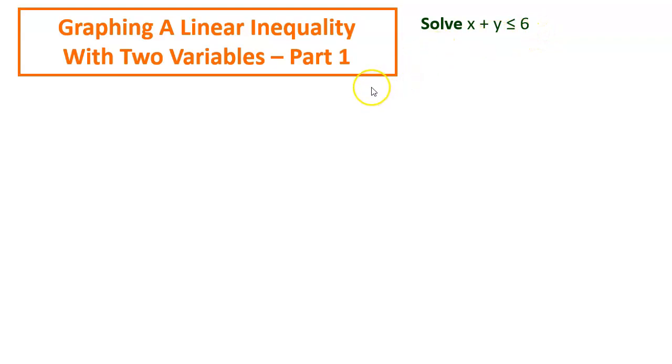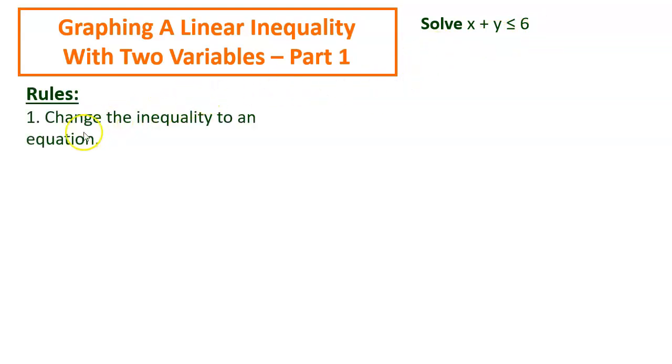Now we move on to the rules part. Rule number 1, change the inequality to an equation. So the equation will be x plus y equal to 6. In this given inequality, we have the equal to part as well, so we write x plus y equal to 6 and ignore the less than part.